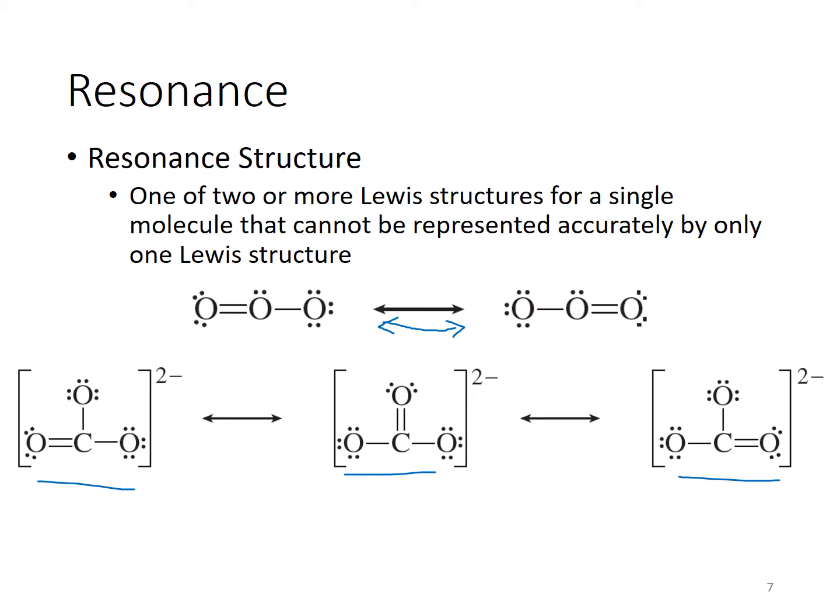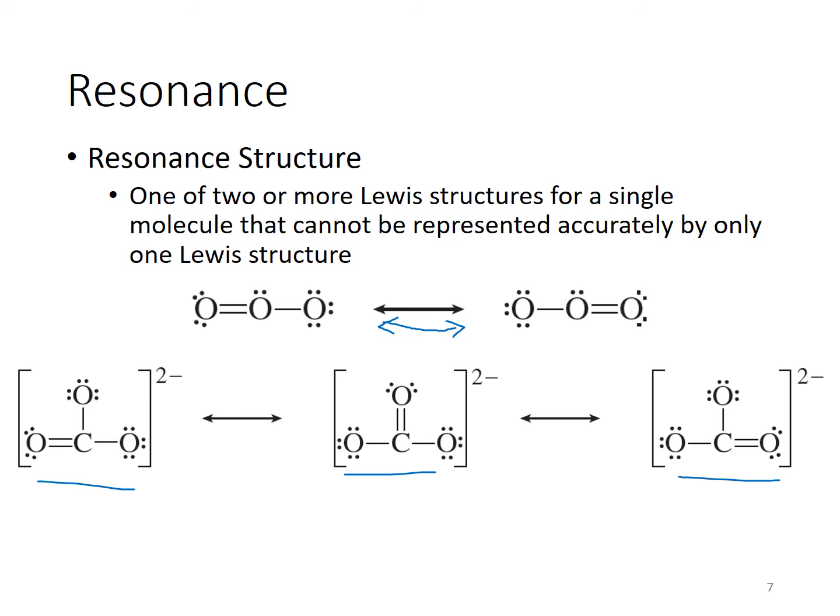So you could almost say that they're hybrids. If you could jam all three of those together all at once, that would be the real carbonate molecule. That first structure seems to indicate that there's a double bond between the carbon and one of the oxygens, where there's a single bond with the other two. But that's not true. If we were to look at carbonate in the real world, all of the carbon-oxygen bonds are identical in length.